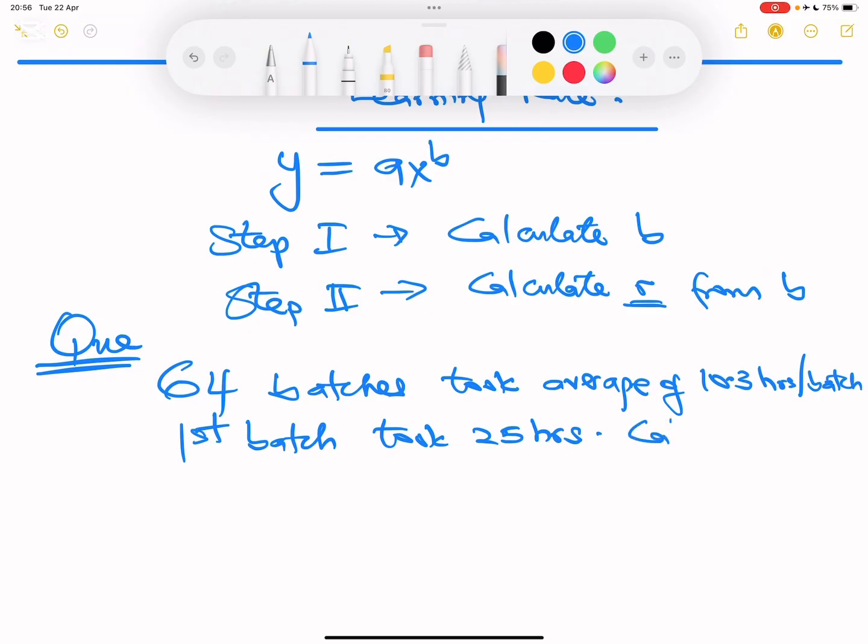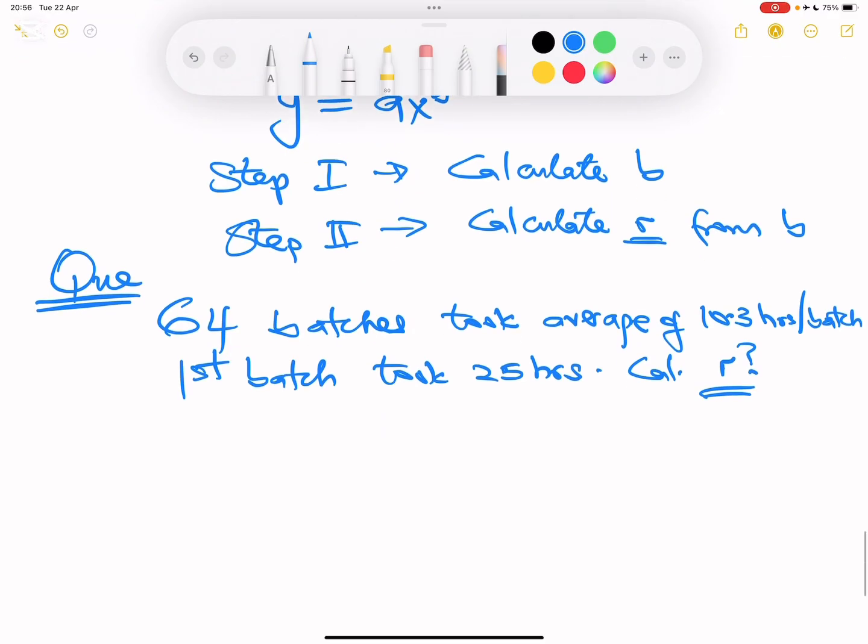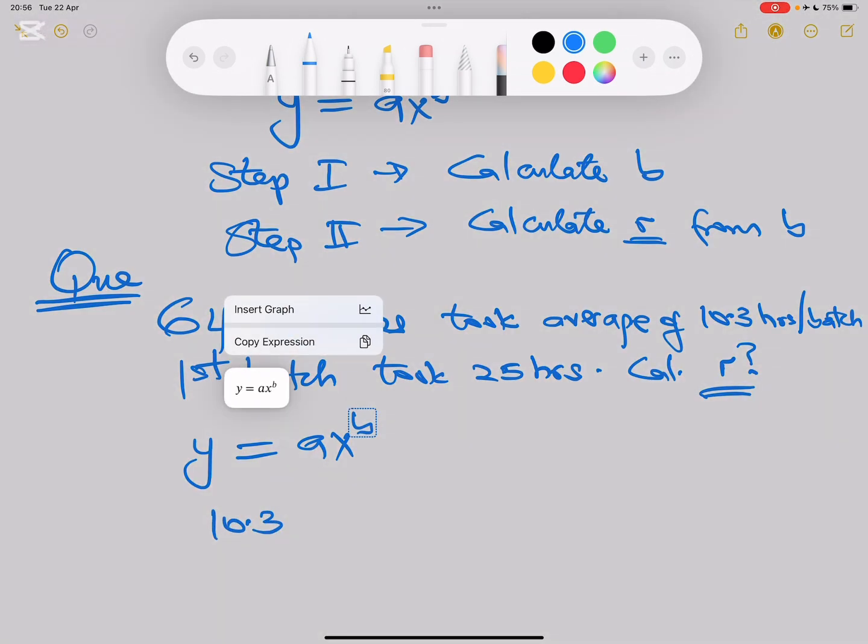Then calculate the learning rate, which is R. So they've given you 64 batches and the average per unit, which is Y. If you remember, Y equals AX raised to power B, Y is already 10.3 because that is the cumulative average per unit.